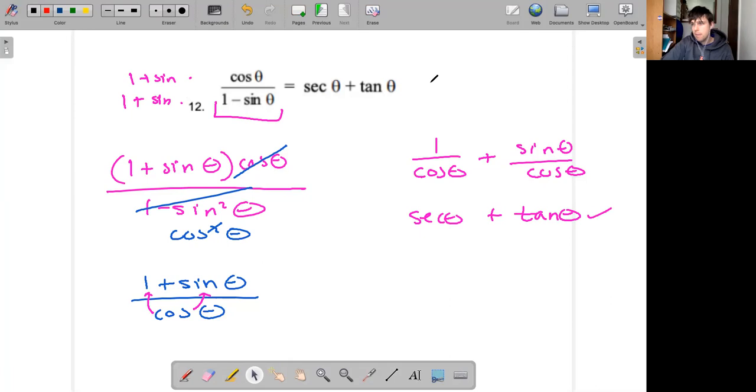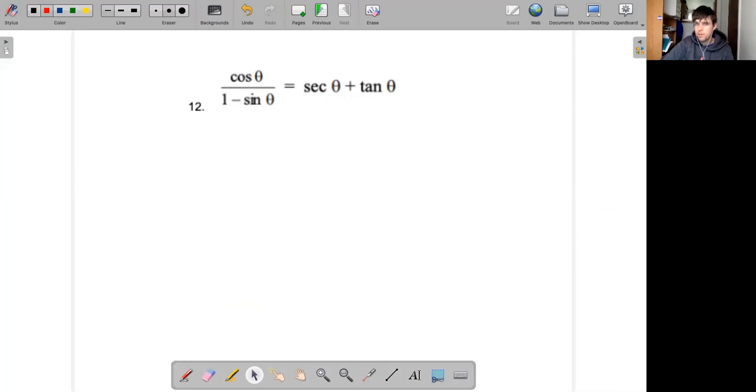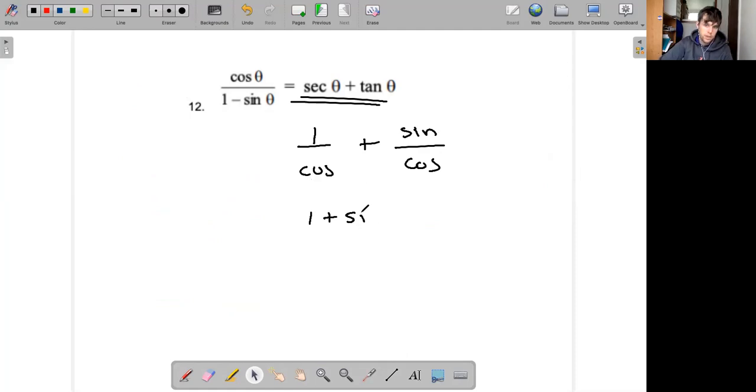Let's see what happens if we try it from the other side. Let's see what happens if we try it from the left-hand side. So let's rewrite this. This becomes 1 over cosine plus sine over cosine. That's just going to become 1 plus sine over cosine.